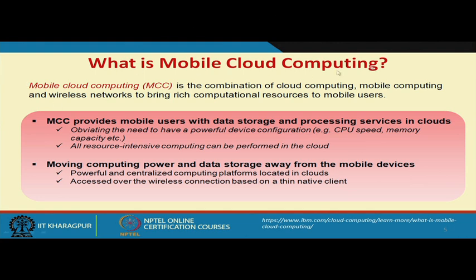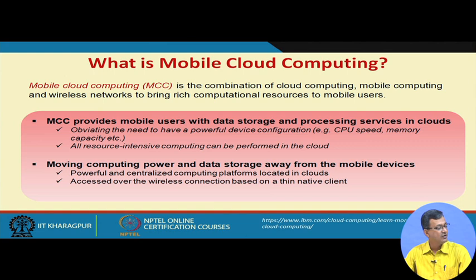If you try to look at what mobile cloud computing is as a definition, there are a number of definitions available across the internet; a few we are trying to look at. It is a combination of cloud computing, mobile computing and intermediate wireless networks to bring rich computational resources to the mobile user. That is one aspect. So, MCC provides mobile users with data storage and processing services on cloud, primarily these two things.